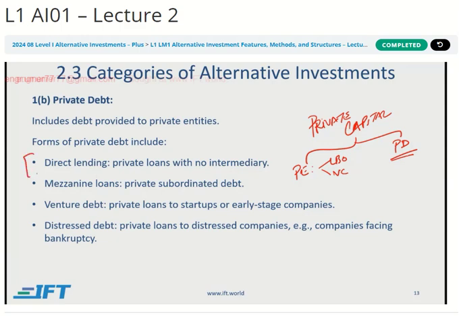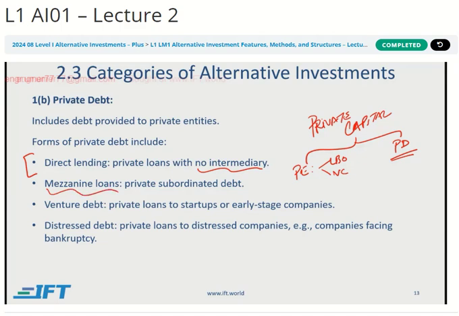You could directly give them a loan. So usually they get loans from banks, right? But you could be a company, a fund which specializes in giving loans directly to companies with no intermediary, which means no financial intermediary like a bank. You could even give mezzanine loans.